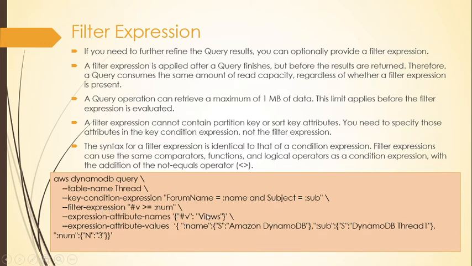If it is not a reserved word, suppose your attribute name is something else, you can directly write it here instead of using a placeholder. And in the attribute values you can provide the value for your filter expression attribute.